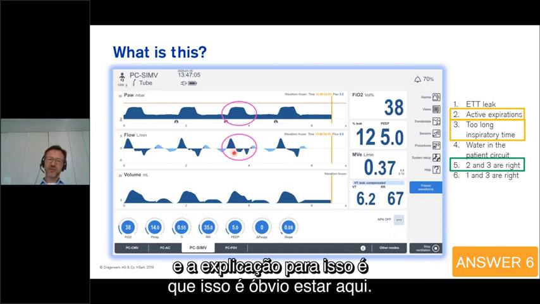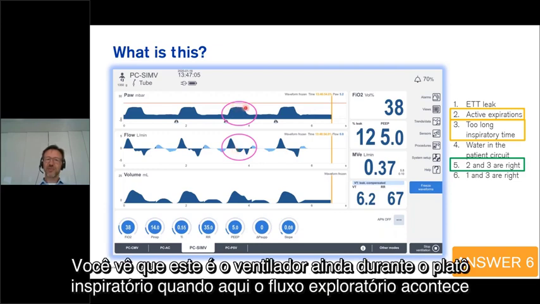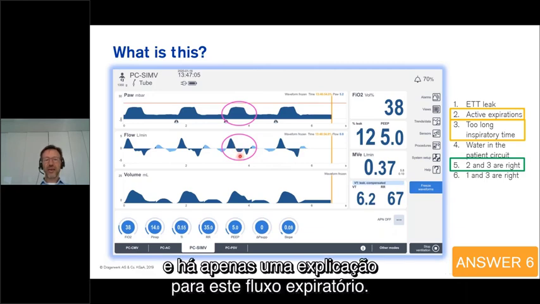And the explanation for this is that obviously the first expiratory flow happens during the inspiratory time. You see, the ventilator is still on the inspiratory plateau when expiratory flow happens. And there's only one explanation for this expiratory flow.